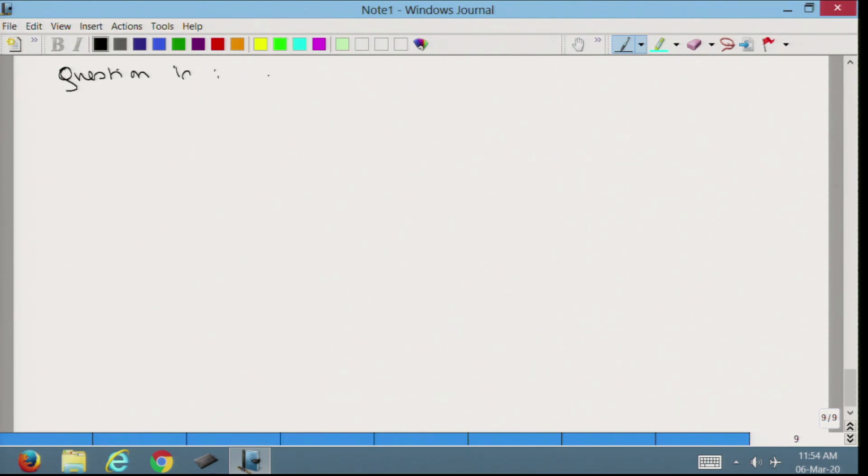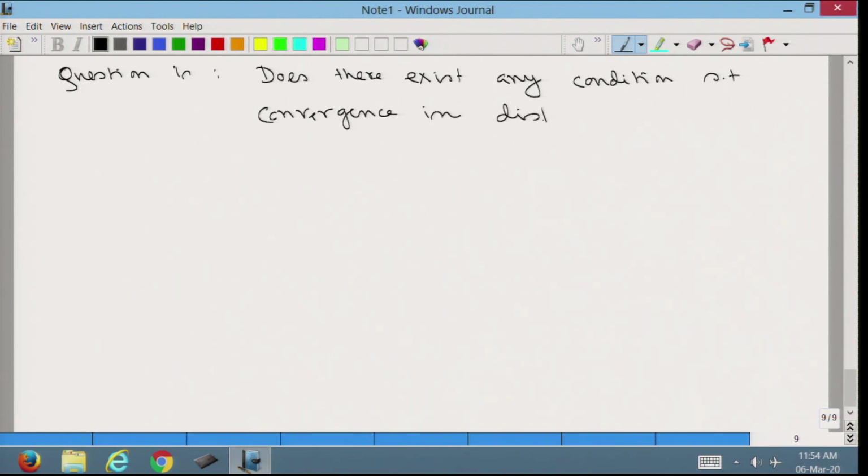Question is, does there exist any condition such that convergence in distribution implies convergence in probability?